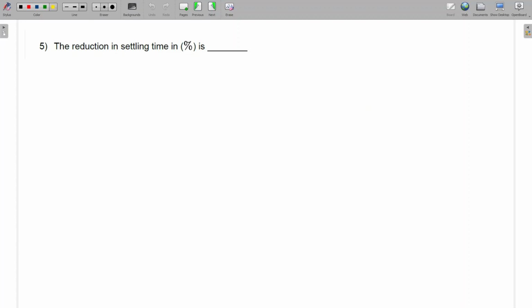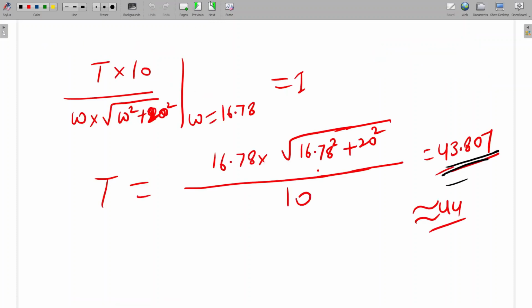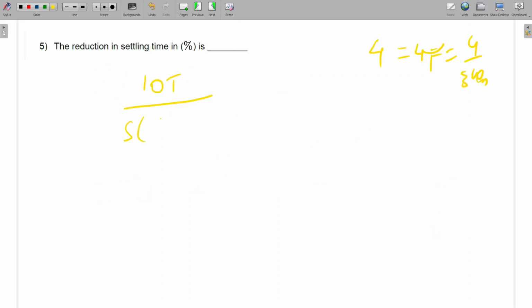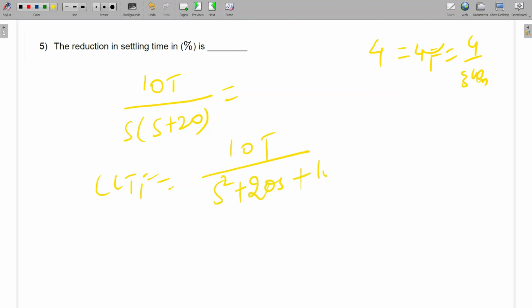So settling time for 2% is 4 tau, that will be 4 by zeta omega n. The open loop transfer function will be 10t divided by s into s plus 20, and the CLTF will be 10t divided by s square plus 20s plus 10t.